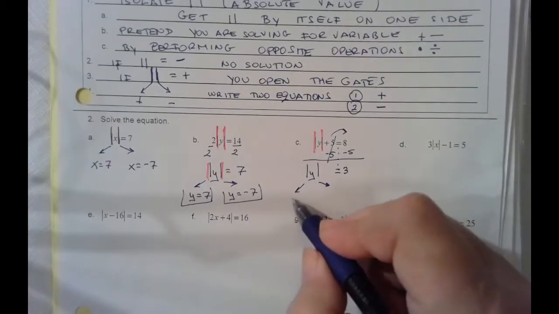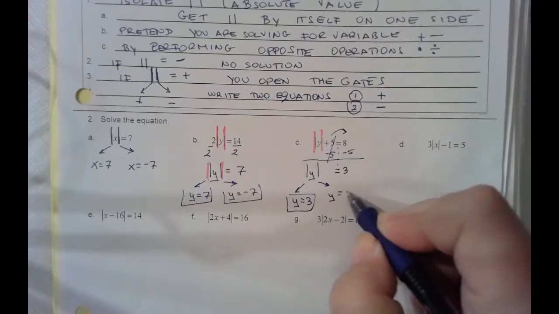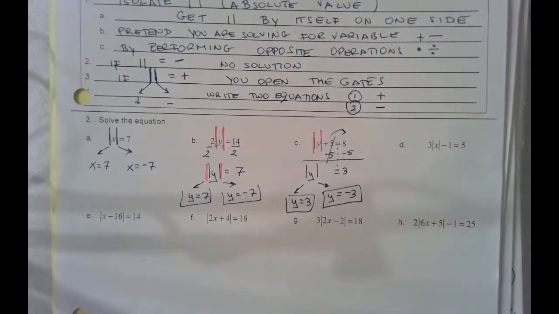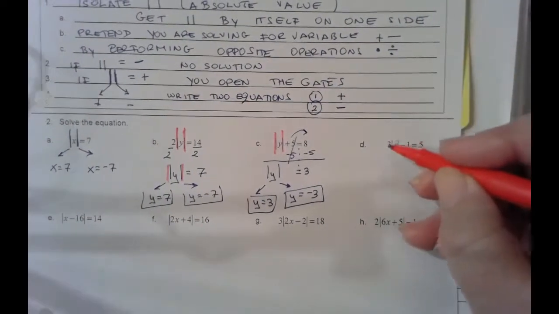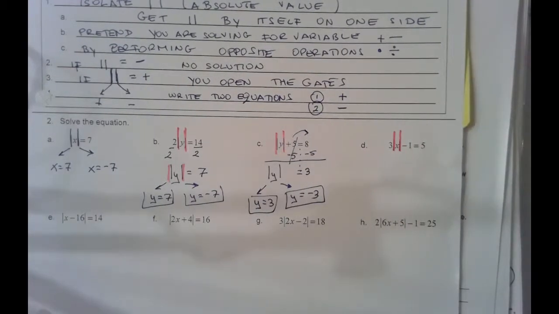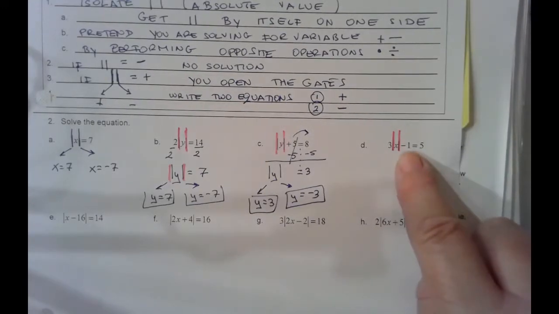The first one is going to be positive 3, and the second one is going to be negative 3. In D, we have to perform a couple of operations, so this is not by itself. The first thing is I need to get rid of the negative 1, not the 3.